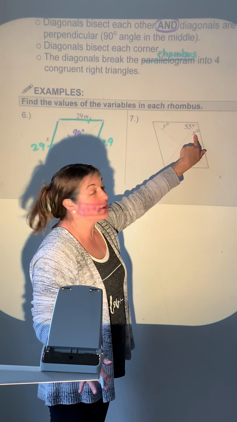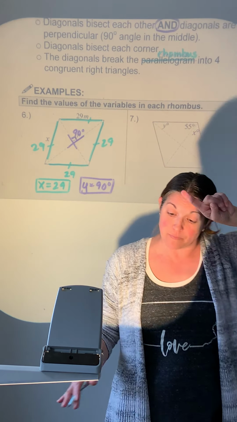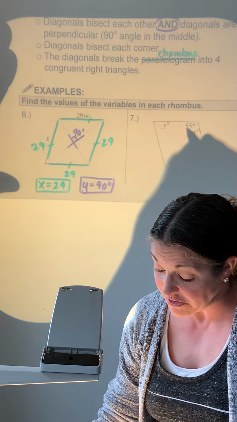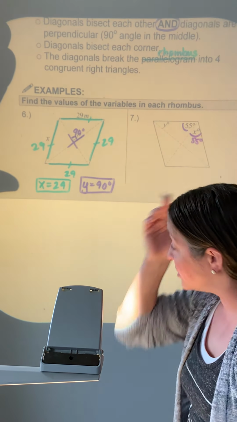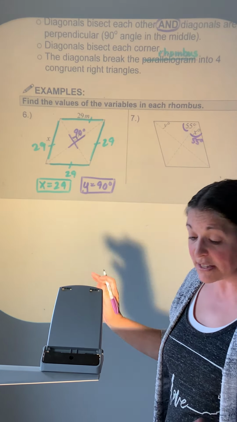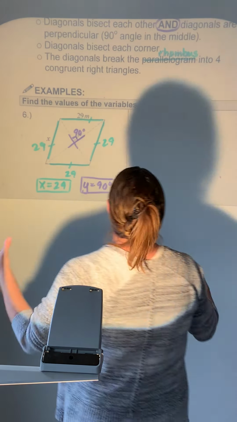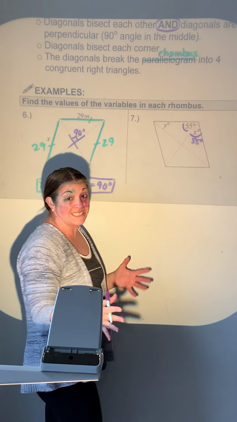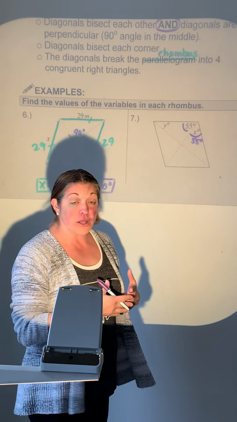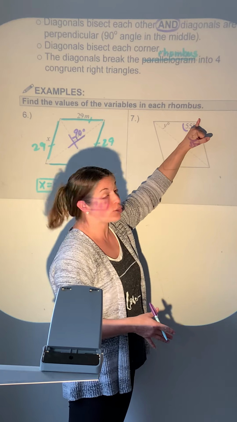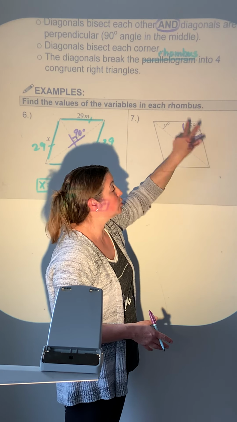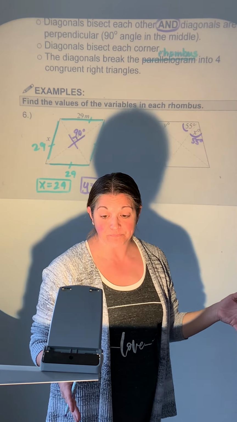You just automatically throw that angle, that 55, into the other side. Okay, so the x is 55. It has nothing to do with knowing what the total here is. I have no clue. All I know is that if this is a rhombus and I see the diagonal shoot into that corner, these two will have to be the same.